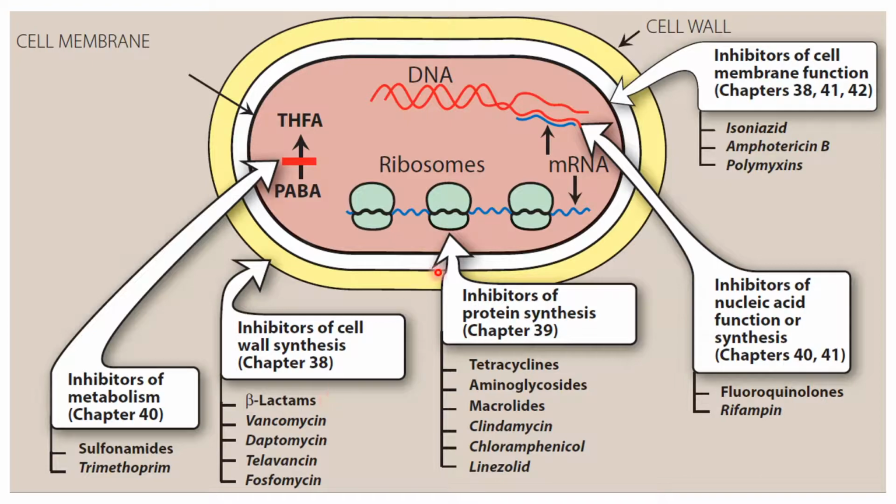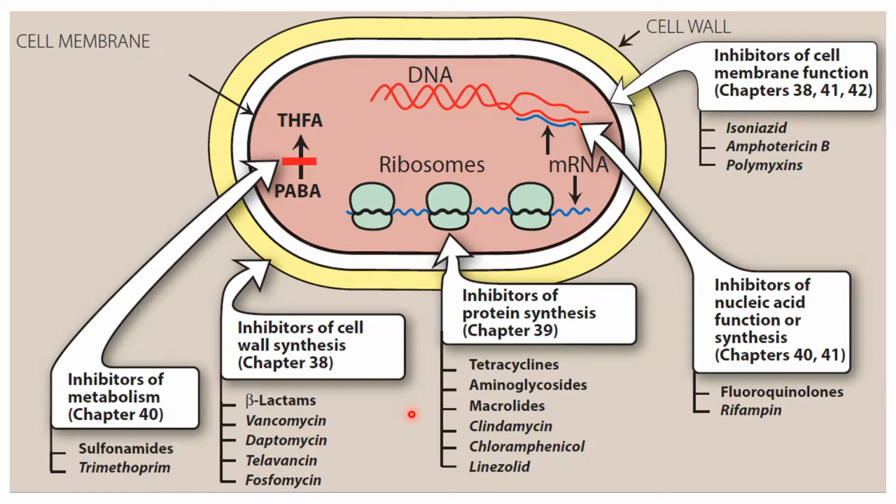Then the next mechanism of action is the inhibition of protein synthesis, and this is also based on the difference in the size of the ribosomes, because the subunits of the bacterial ribosomes are different from the human ribosomes.